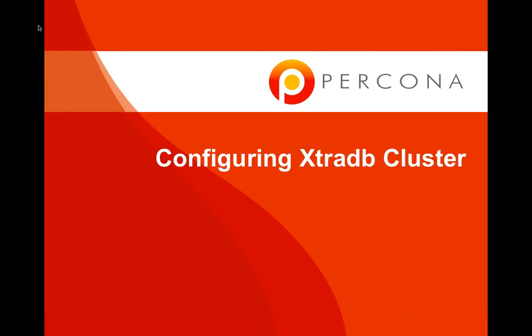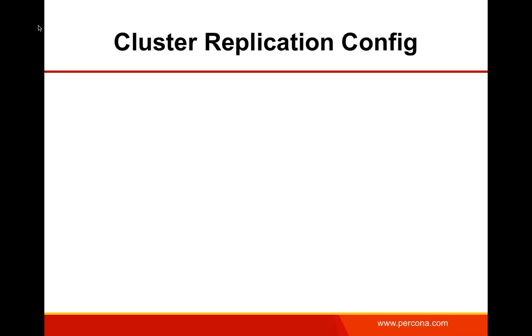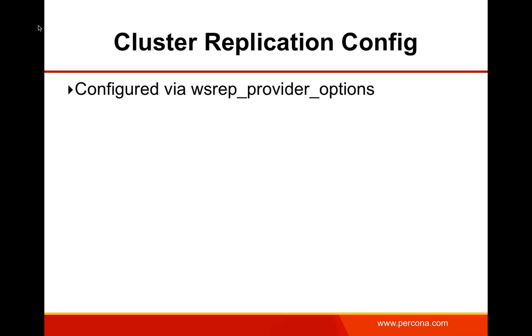Now let's talk a little bit about how we're going to configure this thing. First of all, the replication between the cluster nodes is something you should at least have some understanding of. There's a variable called wsrep_provider_options, and its job is to hold a semicolon separated list of a bunch of other sub parameters, and this sends a bunch of options to the Galera library that does the actual cluster communication.